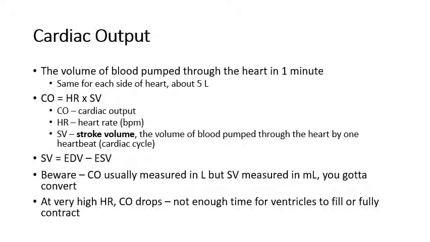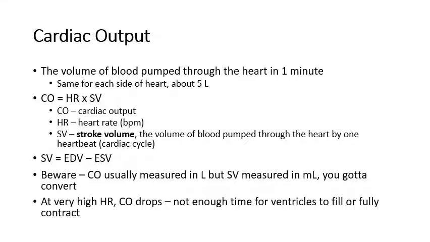So in general, this equation means that when the heart beats faster, cardiac output goes up, and it means that when each heartbeat pumps more blood, the cardiac output goes up. But there is a limit to that for the heart rate. If your heart rate is extremely high, the cardiac output will actually go down, not up. Because if your heart rate is too high, then you don't have enough time for the ventricles to fill with blood before they're contracting.